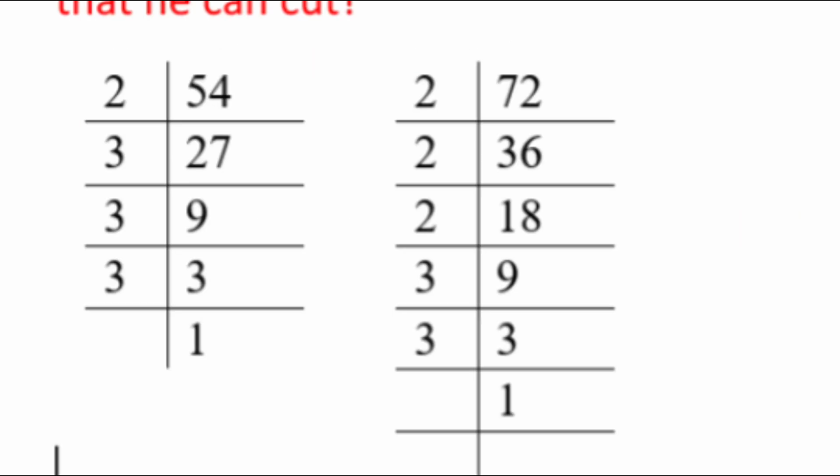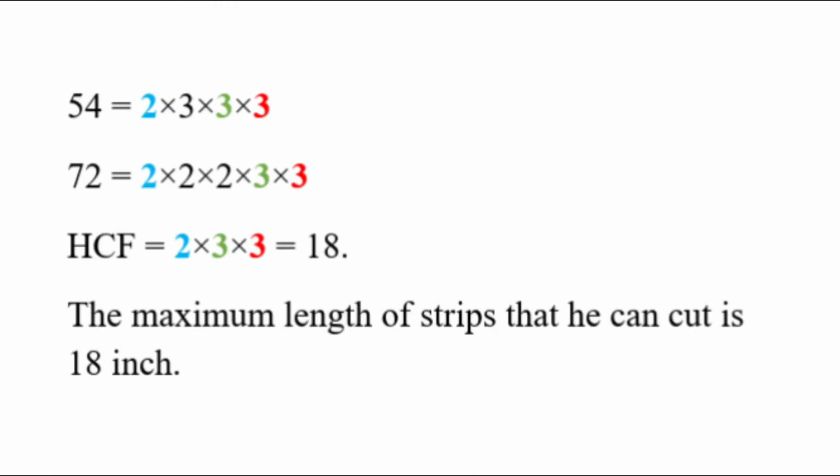Hence, by vertical method of division or prime factorization, we will calculate the SCF or GCD for this 54 and 72. The factors for 54 are 2 3s are 6, 6 3s are 18, 18 3s are 54, and 72 is equal to 2 2s are 4, 4 2s are 8, 8 3s are 24, 24 3s are 72.